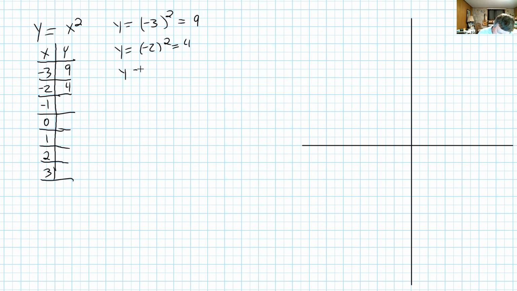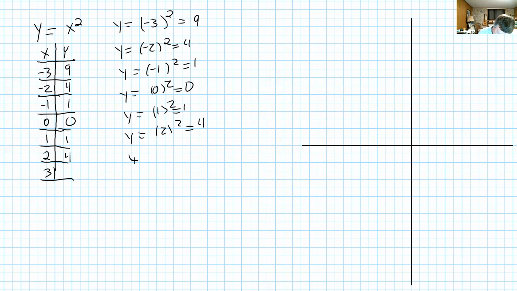If x is -1, y equals -1 the quantity squared, which is 1. 0 the quantity squared is 0. 1 the quantity squared is 1. 2 the quantity squared is 4. And 3 the quantity squared is 9.